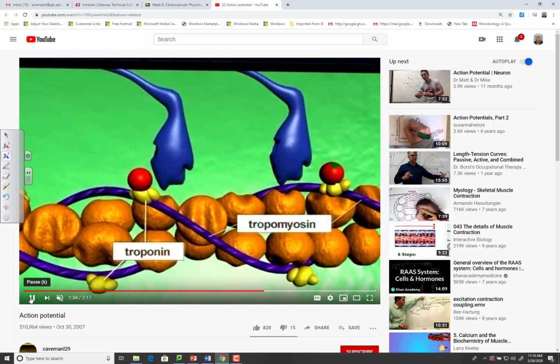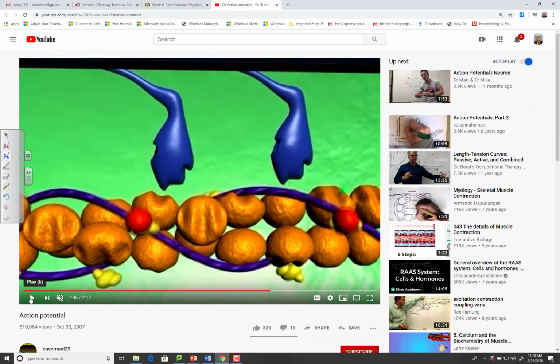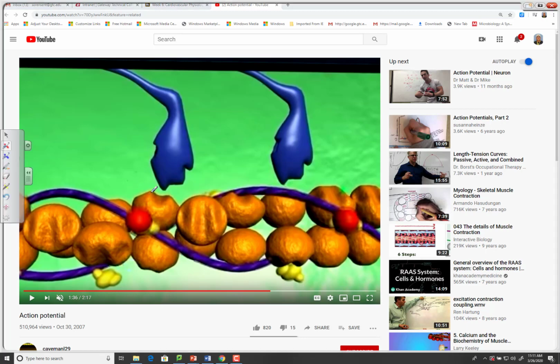Boom. And when calcium binds, the tropomyosin that was blocking those binding sites on actin twists out of the way. And when it twists, it now opens up these binding sites on actin for the myosin head. And there's a natural attraction between the myosin head and that actin molecule.